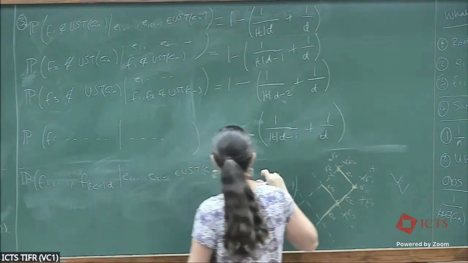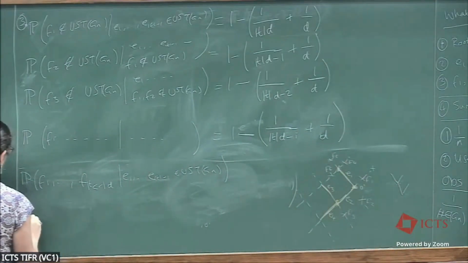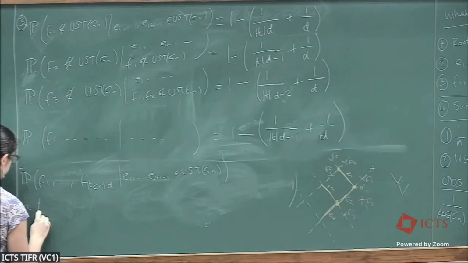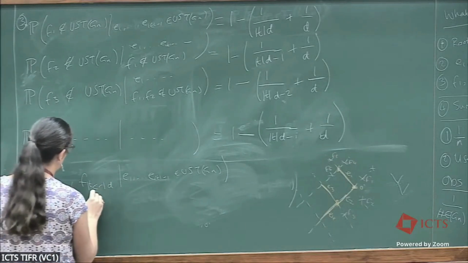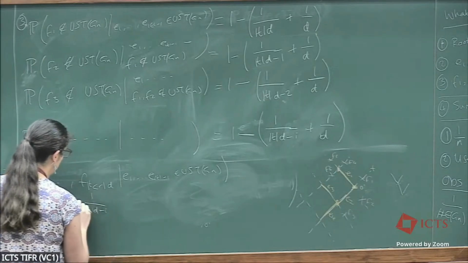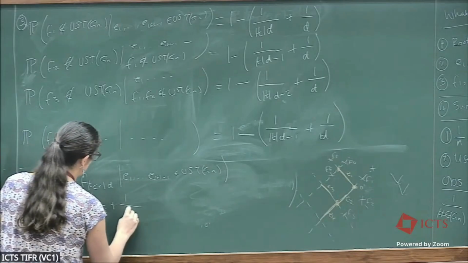And so we're just going to multiply these probabilities. So it's the product of 1 minus this fraction. So 1 plus T d minus i plus 1 over d.